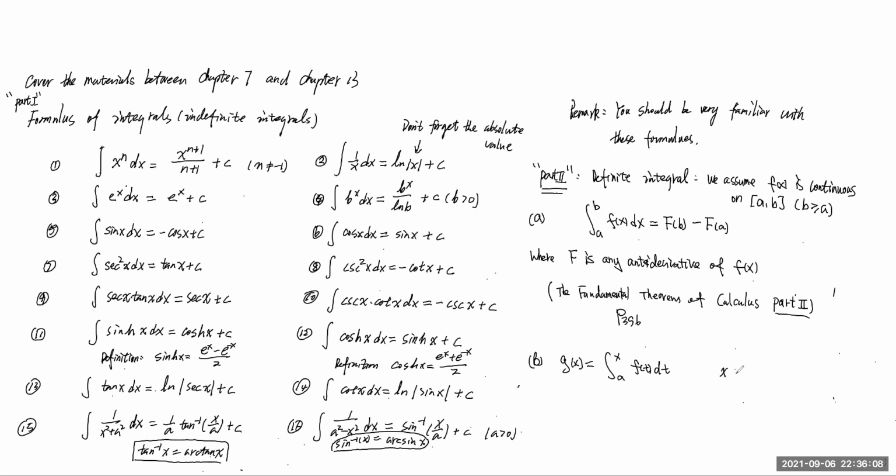And x is between a and b, and our result is, okay, g(x) is differentiable. g(x) has a derivative on (a, b). Like what I said, g is differentiable. The basic question is, what's the derivative of g, right?